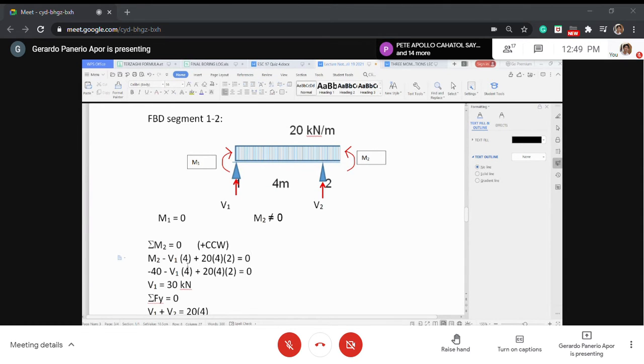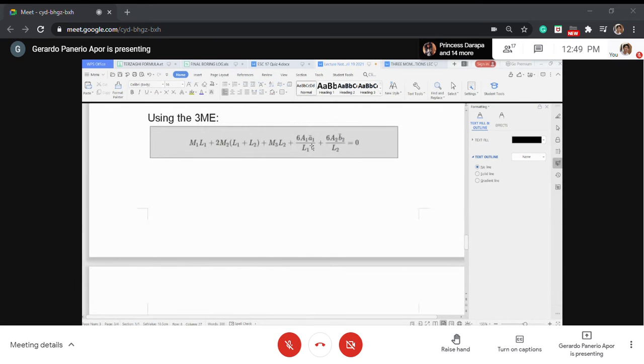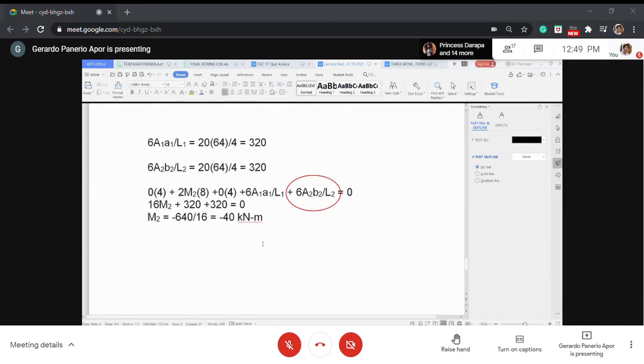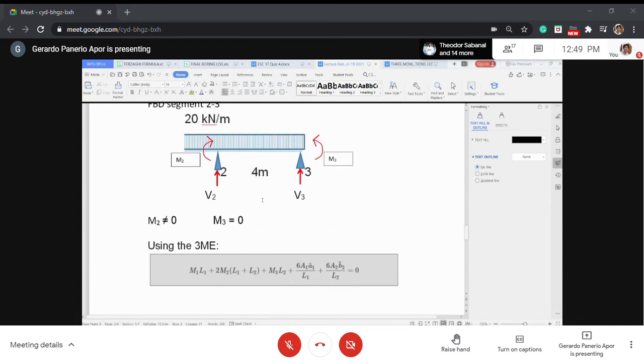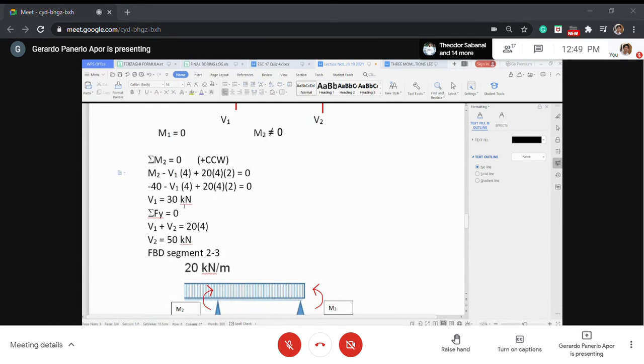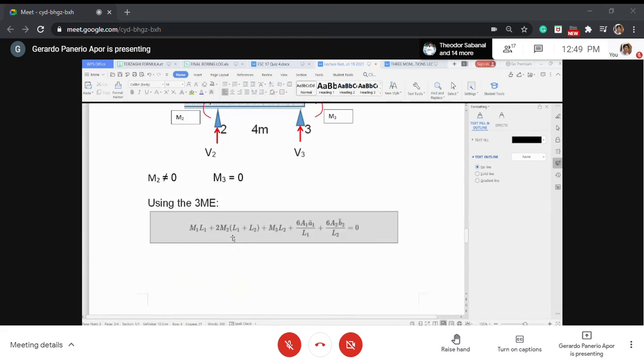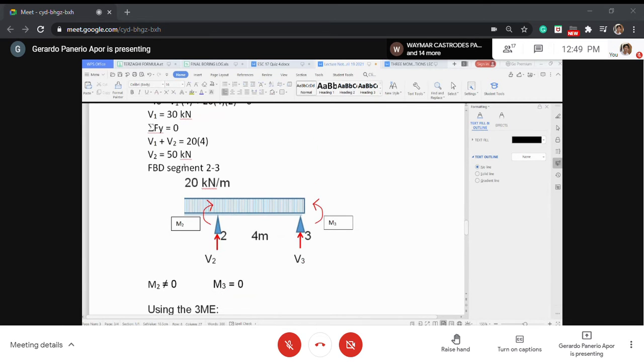So what we did is we substituted the value in the three-moment equation so that we are able to solve for the moment at 2. Then once we solve the moment at 2, we go back here. So B1 can be solved, also B2. So from that, we know already B1 and B2.